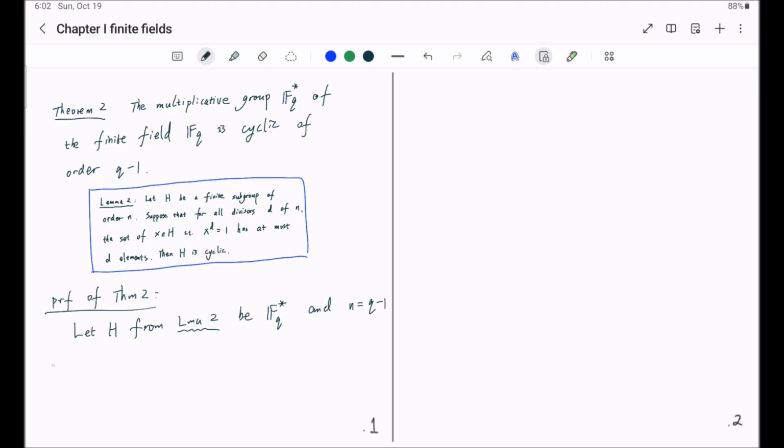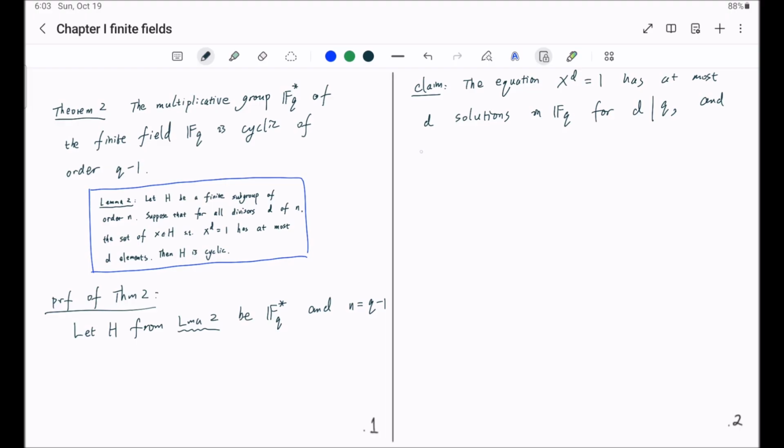And we claim the equation x to the d equal to 1 has at most d solutions in F_q, for d dividing q minus 1.